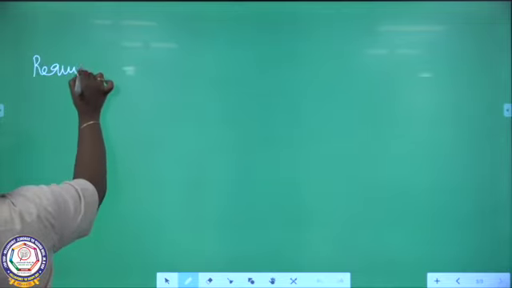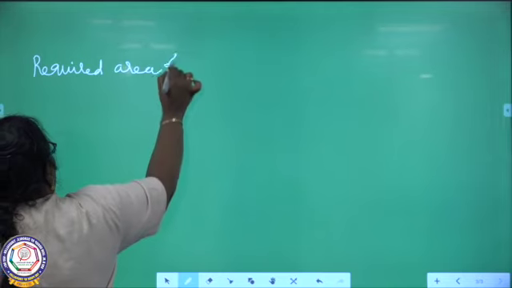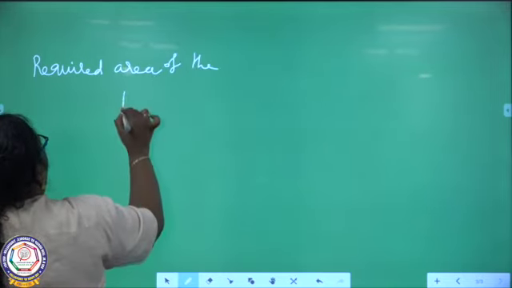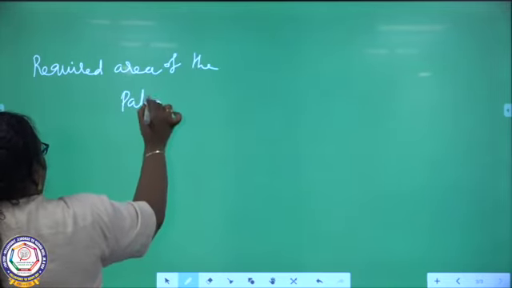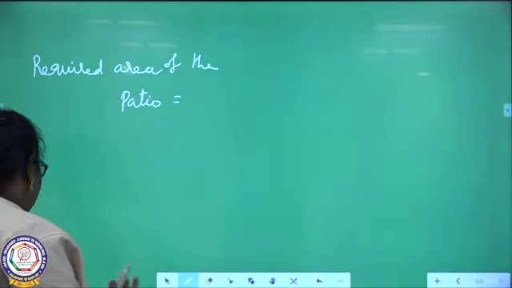So the required area of the patio is equal to the area of the quadrilateral ABCD minus the area of the quadrilateral EFGH.